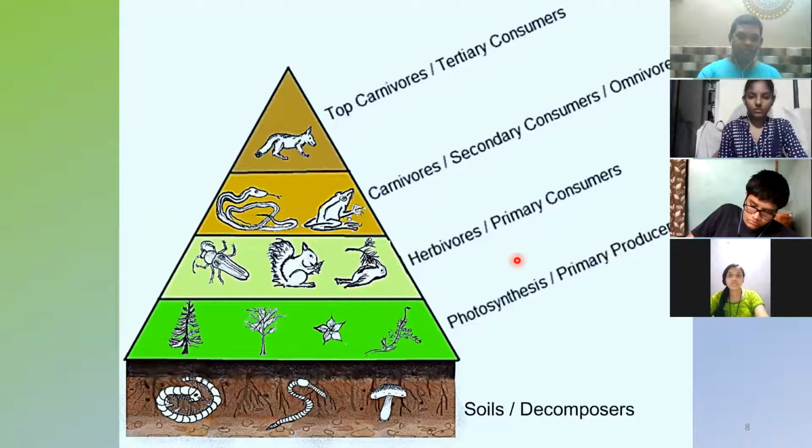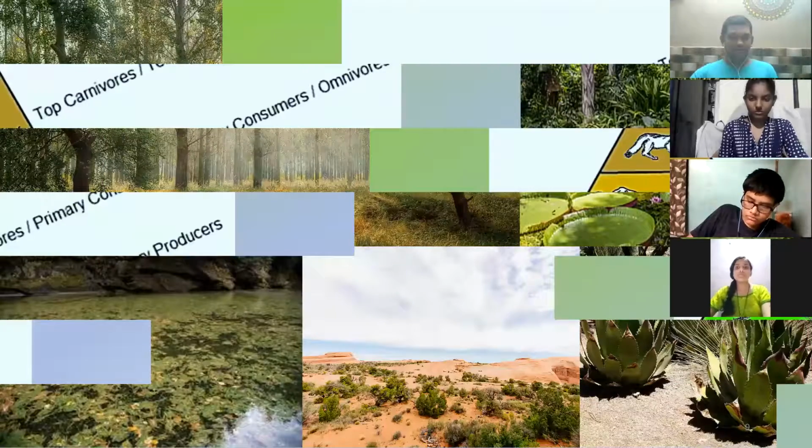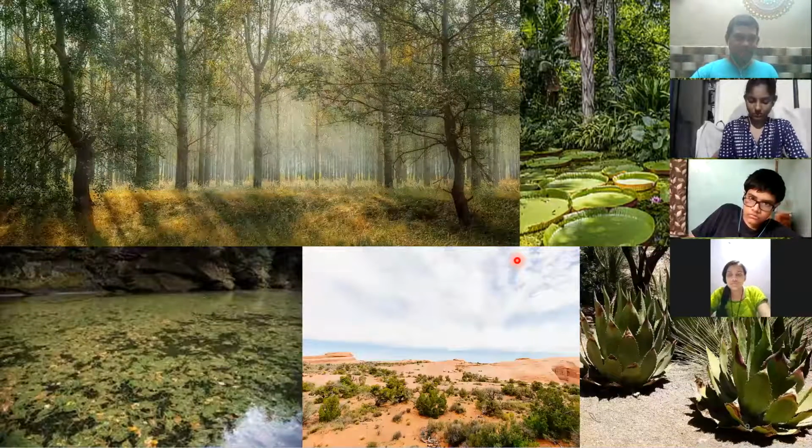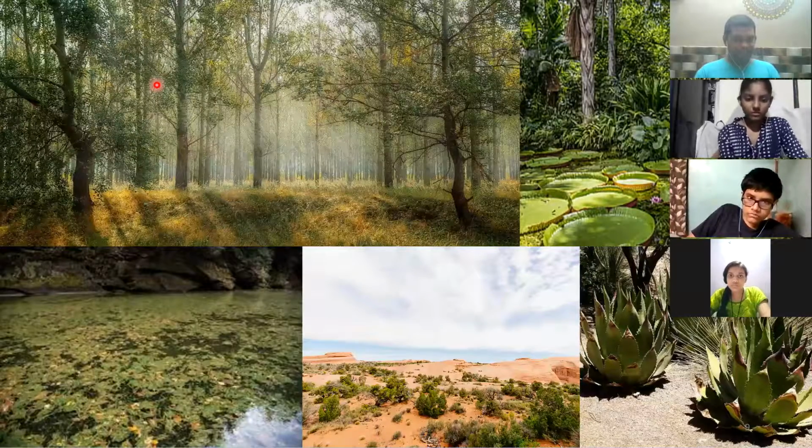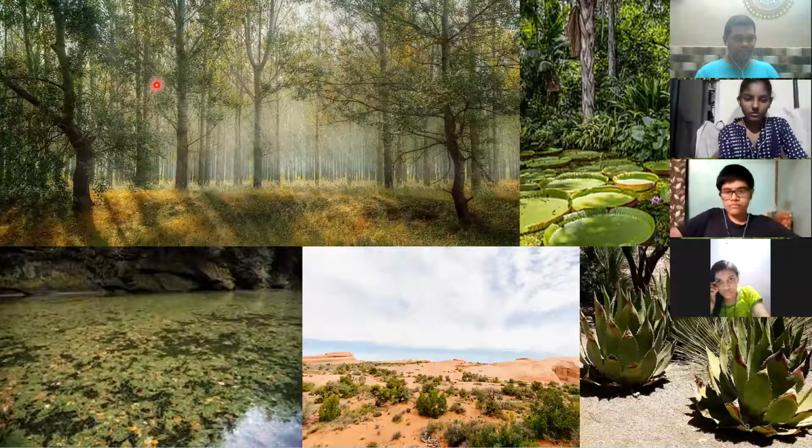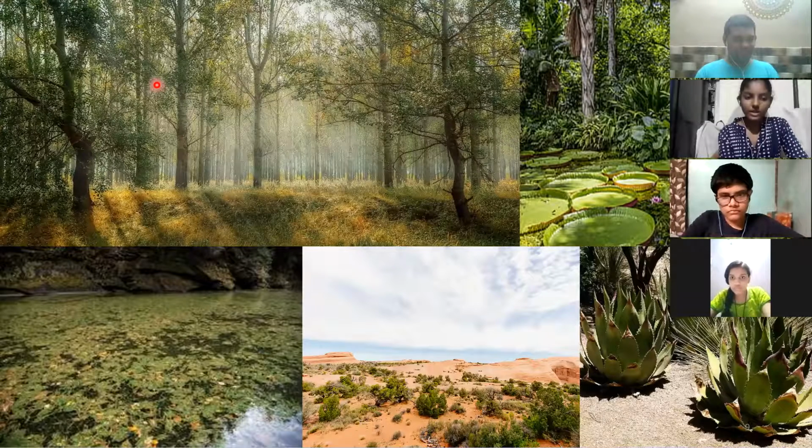Okay. So take a look at some examples. In all these pictures, what is the one thing which you can see common? What is the one main type of living organism which you're seeing in all these pictures? क्या दिख रहा है?